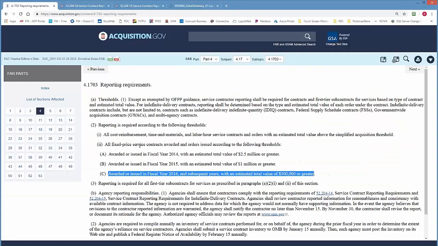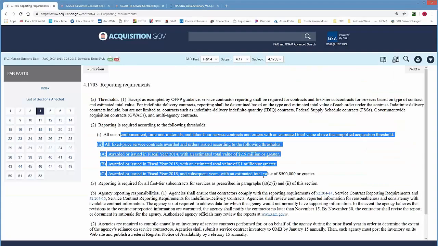These are your thresholds, and if they exceed that threshold based on the type of contract pricing and the based on all options value, you've got to check that new 7G additional reporting field. It at least has to include service contract inventory, parentheses FAR 4.17. Any questions so far?